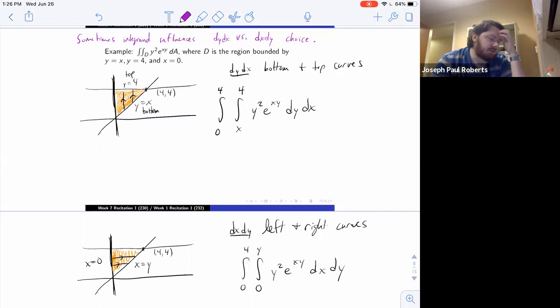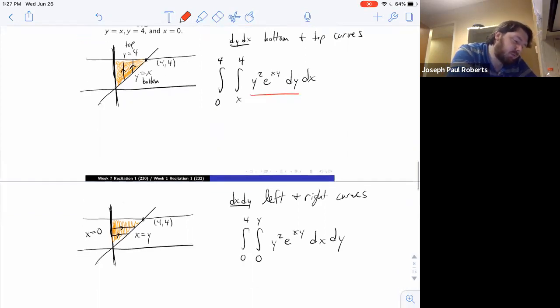Now for this, I picked one where it's actually fine both ways, but if you carefully think about what's going on, there's one way that's at least easier to get started, and it turns out it's a little bit easier to finish. So let's think about the first step for each of these.